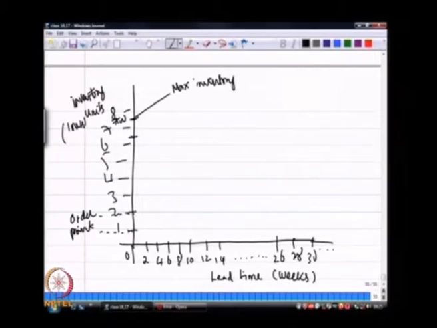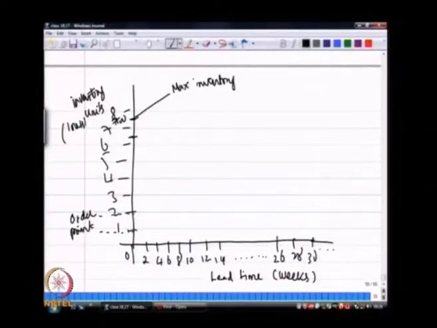And given that the sales rate is uniform, the average sales rate is uniform, this is 11th week, 13th week. My order point here now is the moment the inventory level touches 2000. Now, when will that happen? It happens here.